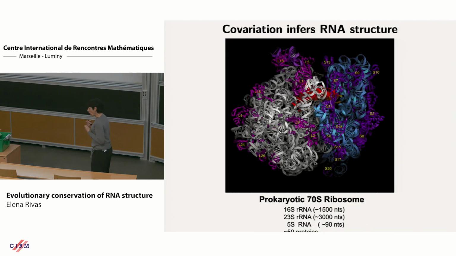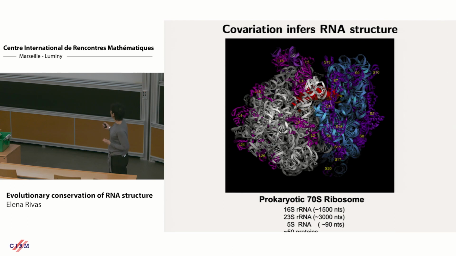And historically, covariation has been extremely useful, helping us to get structures. So I'm showing you here the structure of the whole ribosome, of a bacterial ribosome. The blue is the small subunit, the white is the large subunit, and again, the proteins come here as little Christmas decorations that you have on top of the molecule.